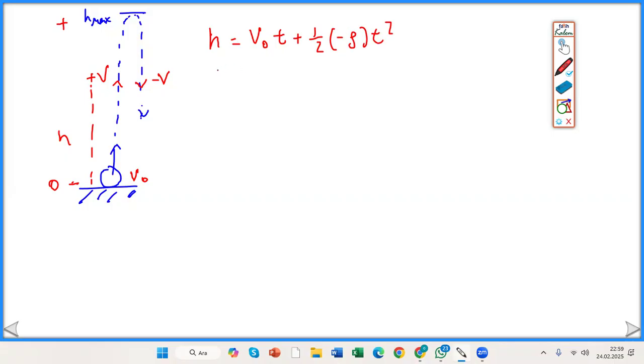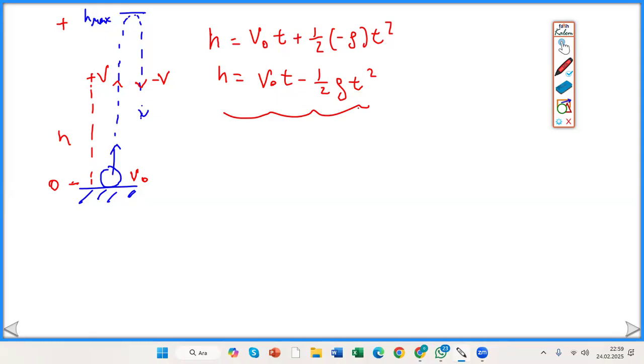So in general, to summarize, height is v0 times t minus 1/2 g times t squared. As you can realize, the direction of the motion is very important to develop the true formula, as you can see here.